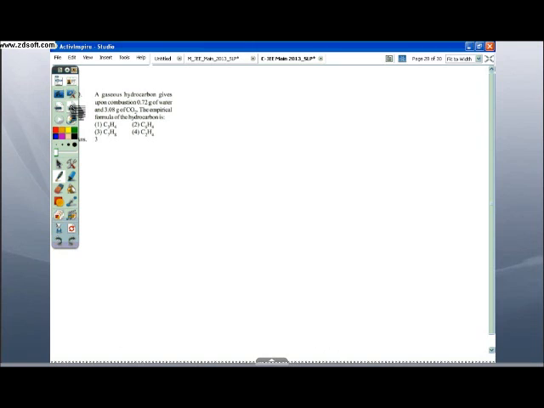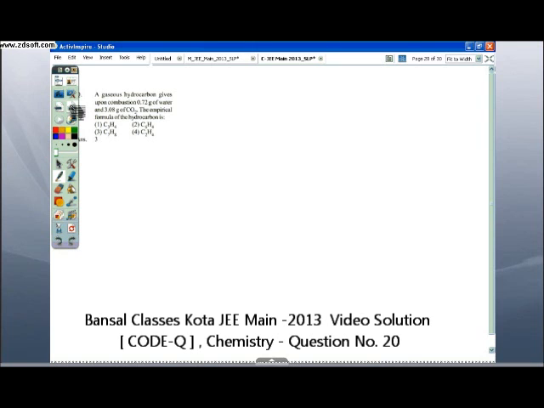A gaseous hydrocarbon gives upon combustion 0.72 gram of water and 3.08 gram of CO2. The empirical formula of the hydrocarbon is? Let us assume the hydrocarbon is CxHy.